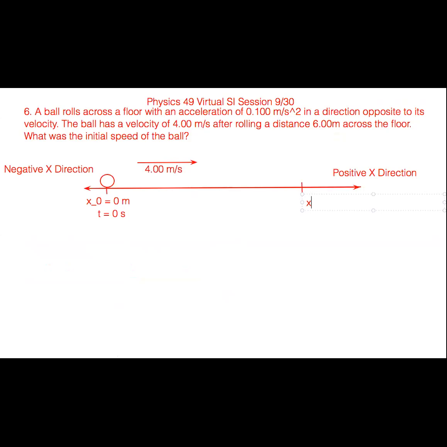We could denote this as x final equal to 6.00 meters. This final is just the moment, not where the motion stops, but our area of interest where it stops. So we're only looking for when the ball goes from 0 meters to 6.00 meters.